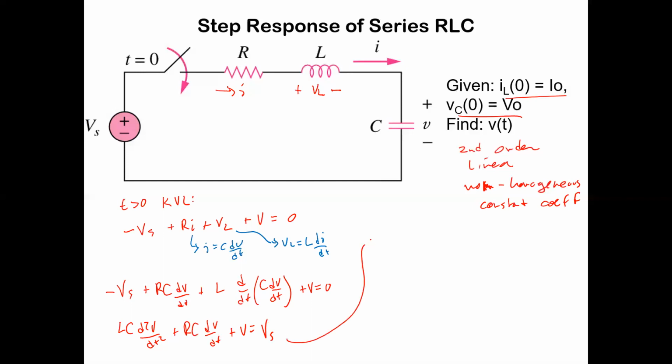And we can consolidate that into a single standard form: d squared v/dt squared plus R over L dv/dt plus V over LC equals Vs over LC.